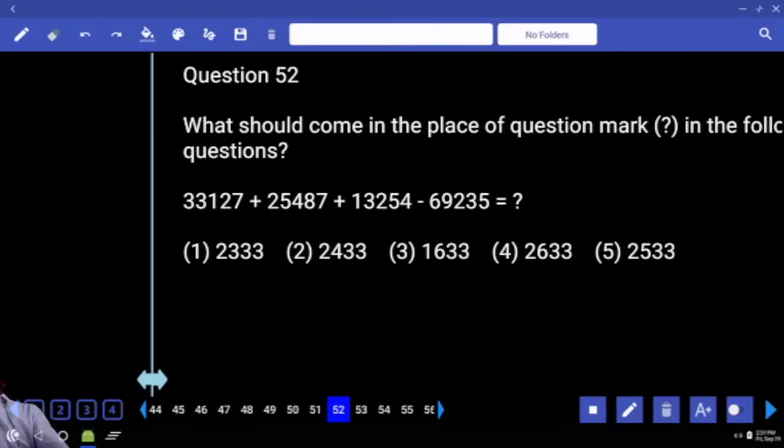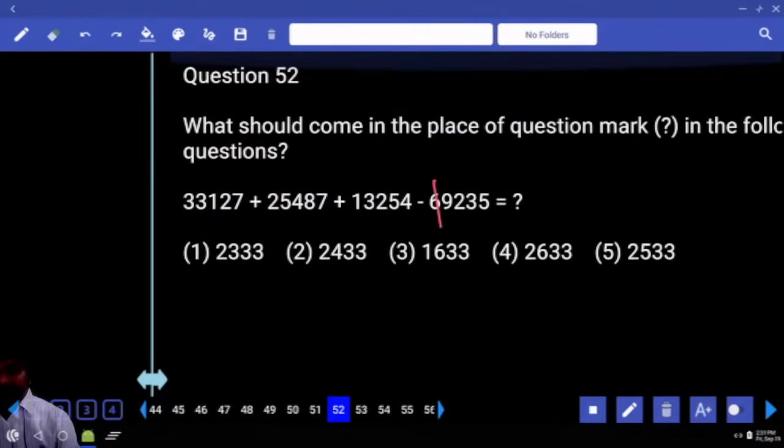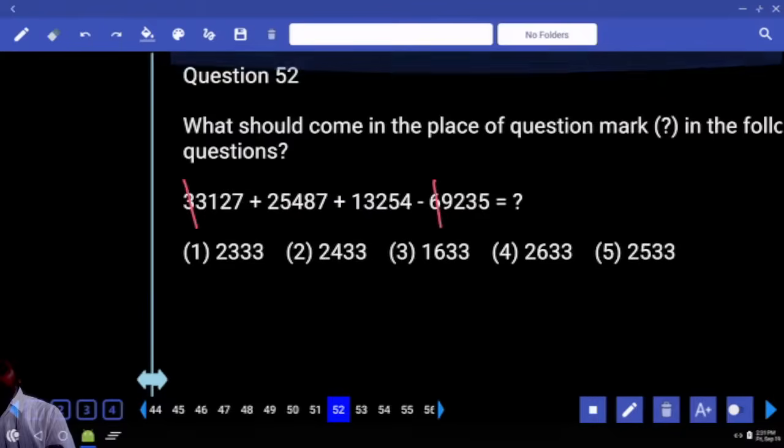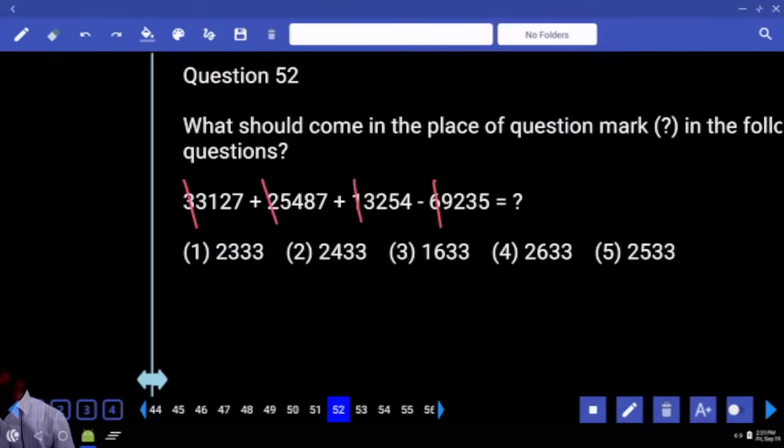When you look at your options, the last 2 digits are the same, correct? Let me concentrate from the beginning. Look at the 10,000 place: 30,000, 20,000, 10,000. 60,000 and 60,000 cancel.